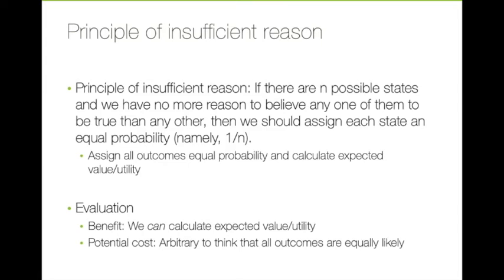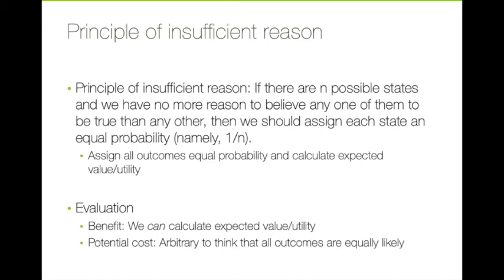So this rule is a little different than the ones we've looked at so far, dominance, Maxi-Max, and Maxi-Min, because it actually tells us to assign probabilities. It says assign equal probability to each outcome. So that would be 1/2 for each outcome for 2 outcomes, 1/3 each for 3 outcomes.